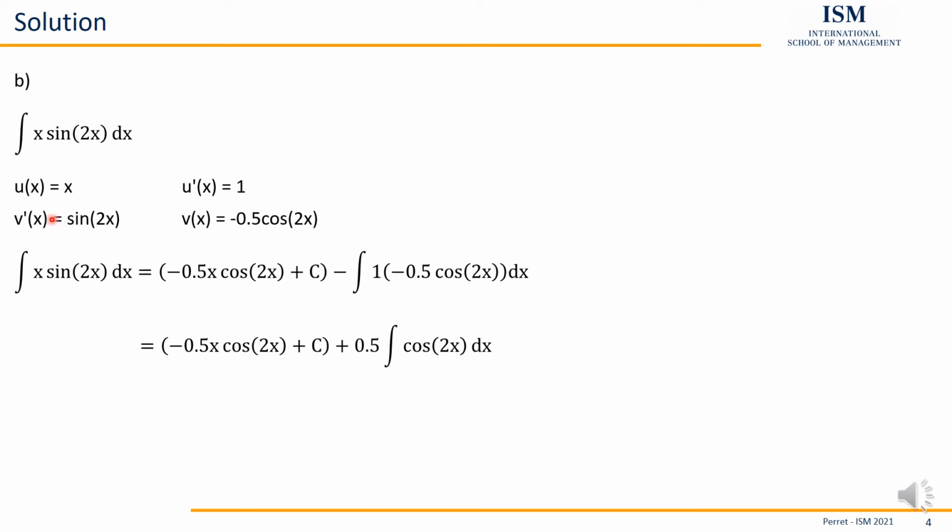Well, that's similar to what we did up here with the sine. The only difference is I get to the cosine from the sine. And in this case, I actually do not need a minus in this context. So here I can keep it as it is regarding the sign.